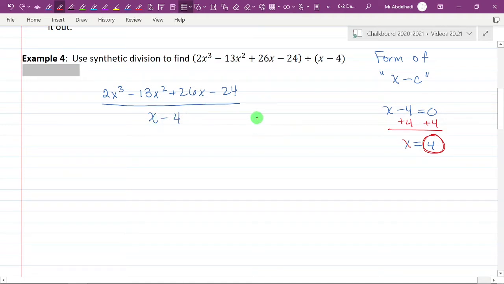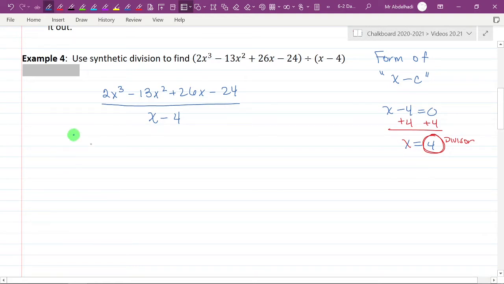So the only one you can use synthetic division for is when there's no power on this x and no number sitting in front of the x. Minus or plus, it doesn't have to be minus a number. And then you can set that equal to 0 and find out what your number is going to be. So this is your divisor for synthetic division. It's just a 4.